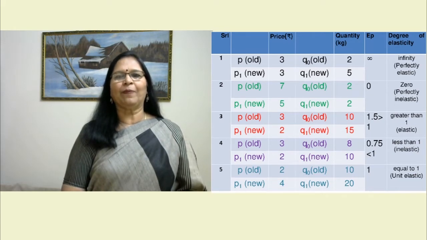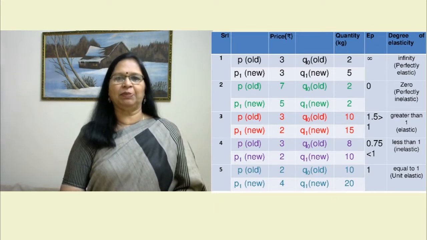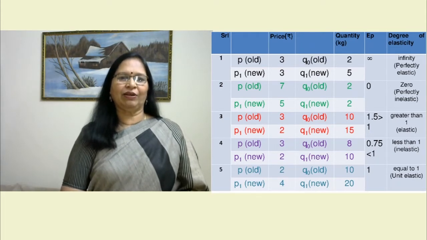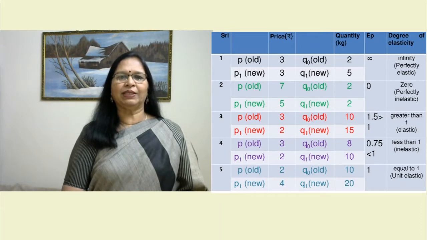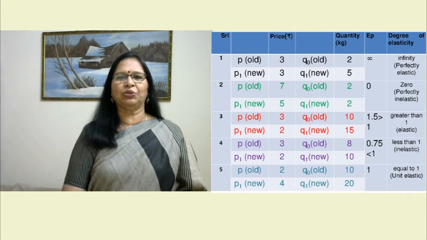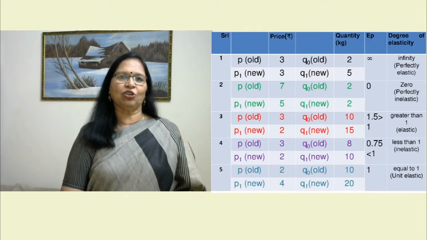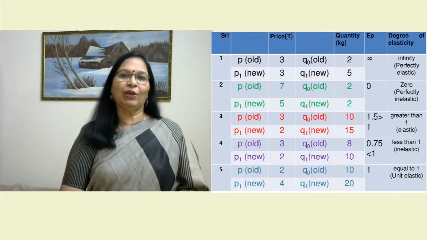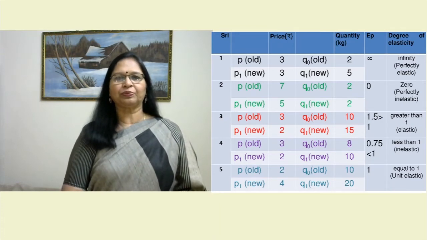In which case, if we apply the formula, the value you get is infinity, and therefore we call it perfectly elastic demand. The second one is the green colored pair, where the price is 7 and the new price is 5, and the old quantity is 2 and the new quantity is 2. So the quantity remains the same, the price has changed, which means the quantity has not responded to the change in price, and we call it perfectly inelastic demand with a value of 0.